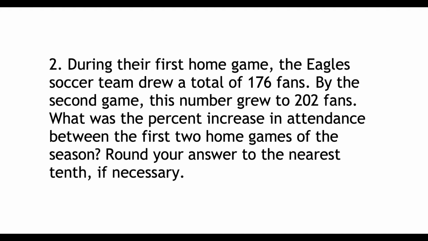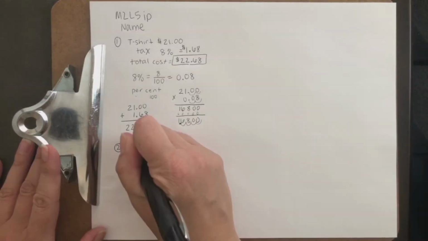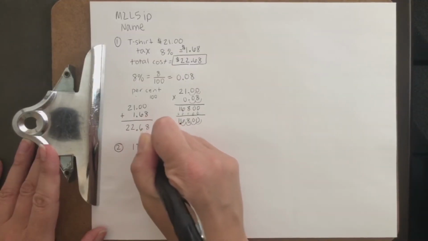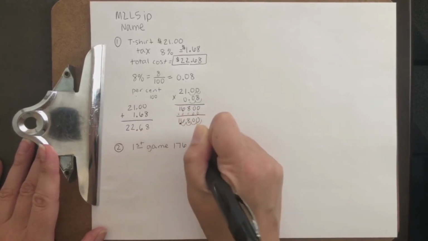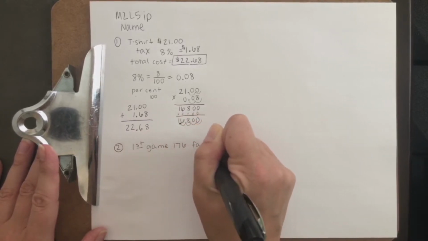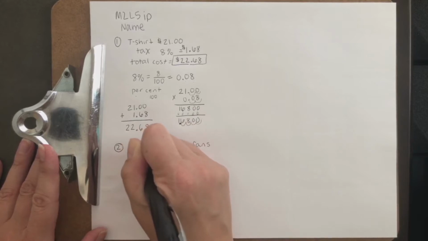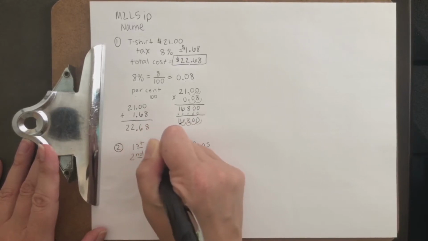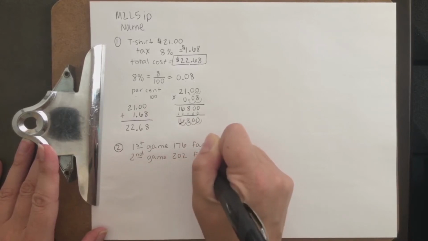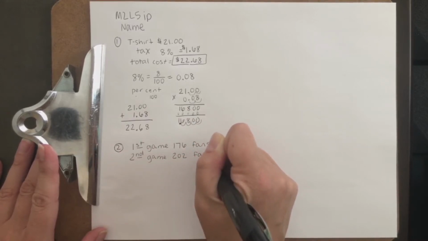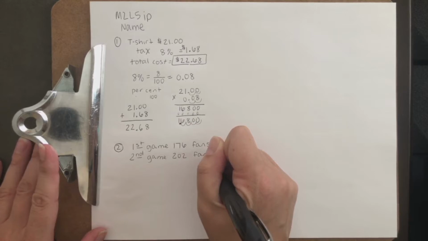Round your answer to the nearest tenth if necessary. First game had 176 fans. Second game, 202 fans. Percent increase in attendance between the first 2 home games.